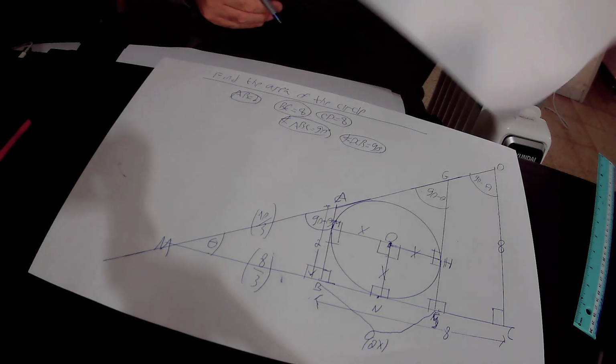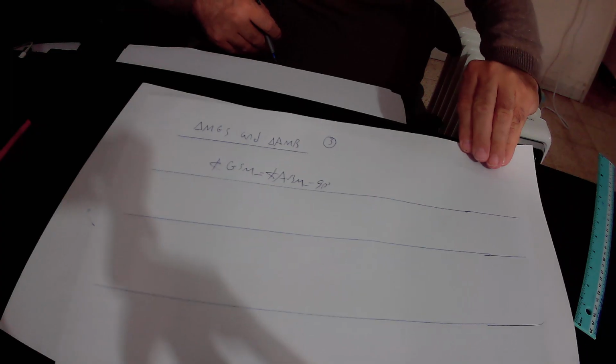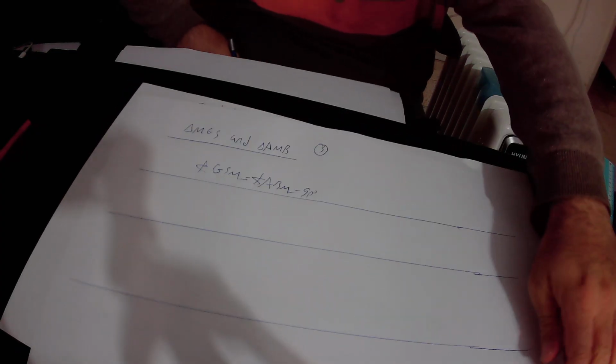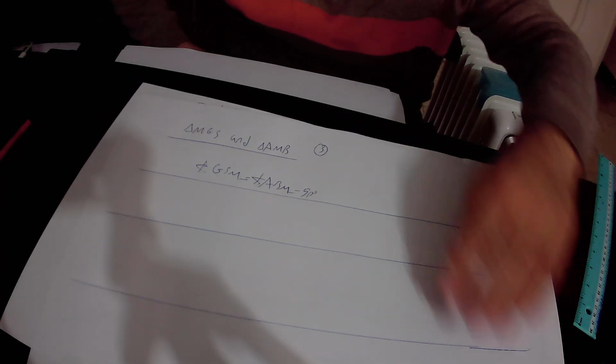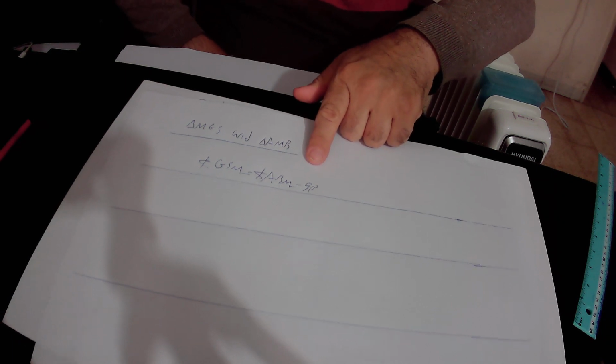Repeat again. Angle GSM in the big triangle is equal to angle ABM in the small triangle. They are both equal to 90 degrees, therefore they are equal to each other.